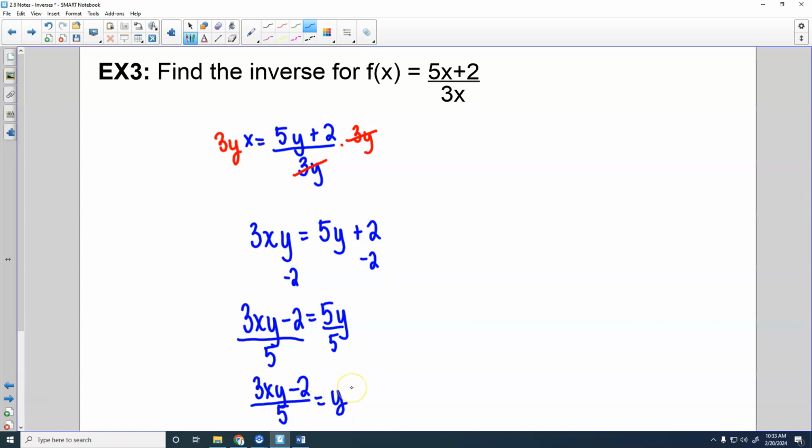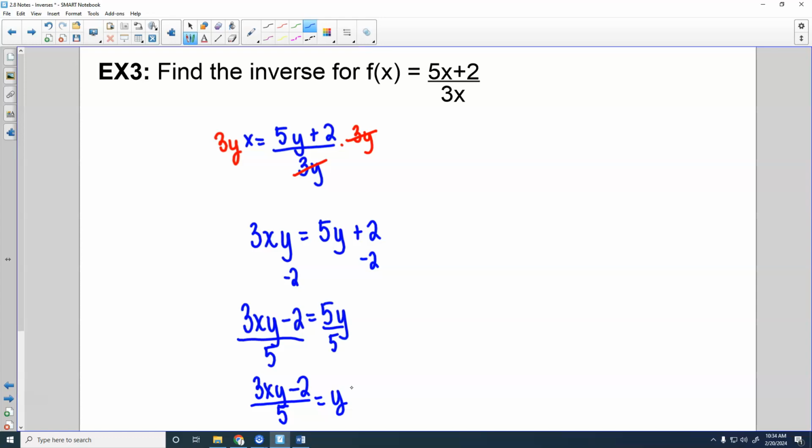Okay, have I solved for my y? Is my y by itself? A y is by itself. But do we have another one? And it is not by itself. In fact, are we going to be able to get a y by itself when we have two y's? No, so we've got to somehow get our y's together.